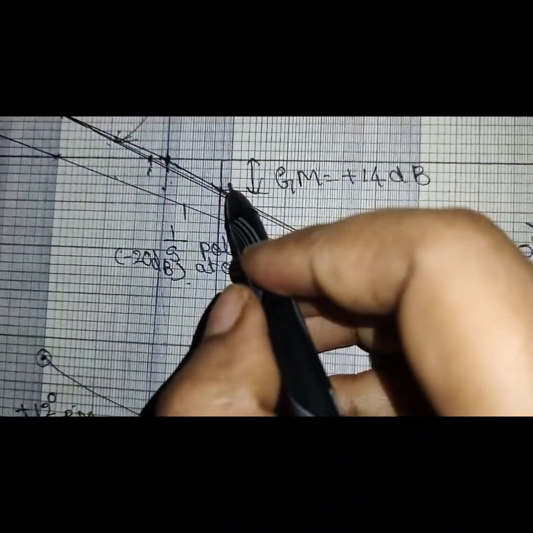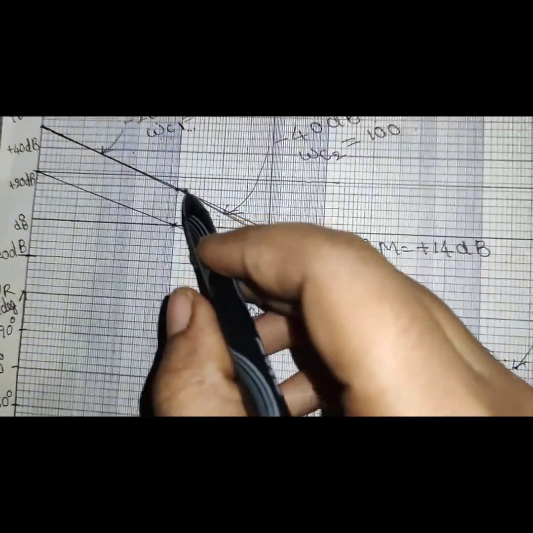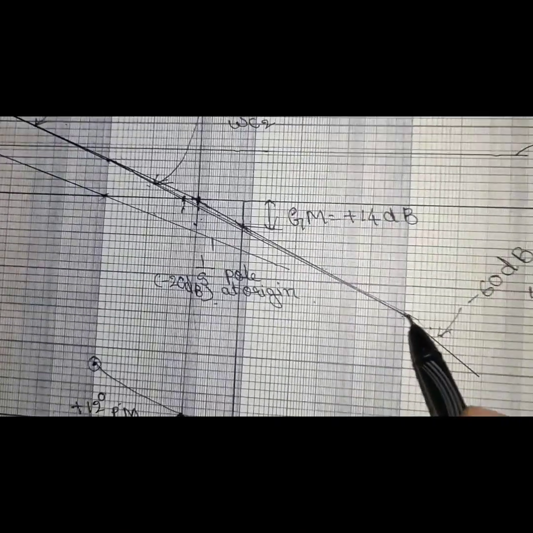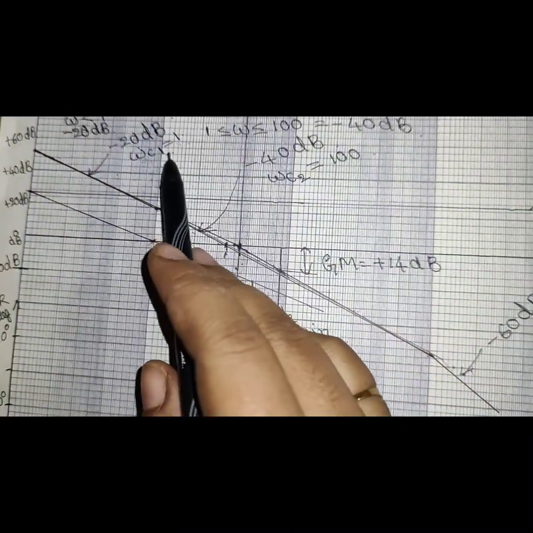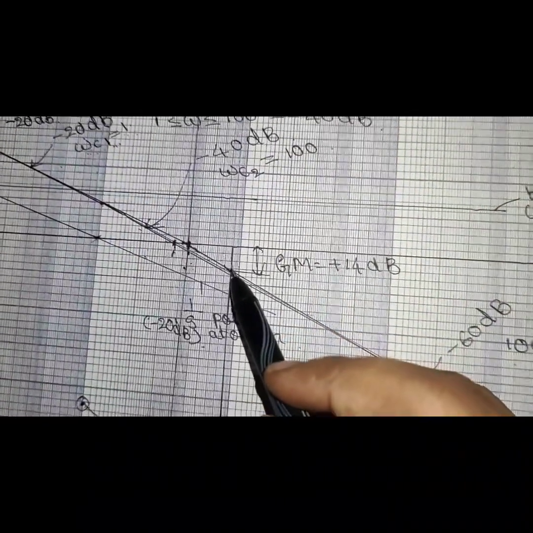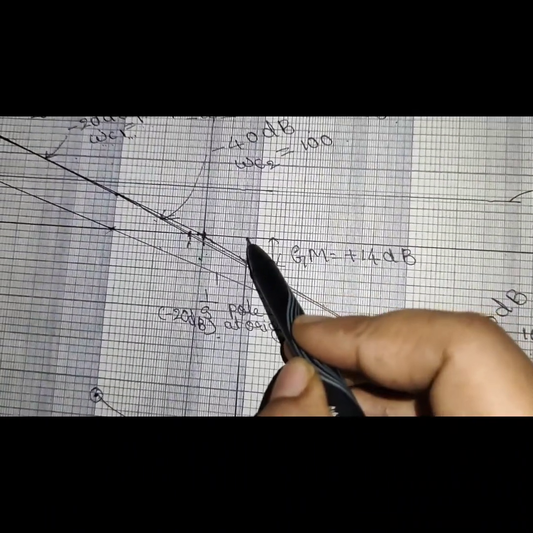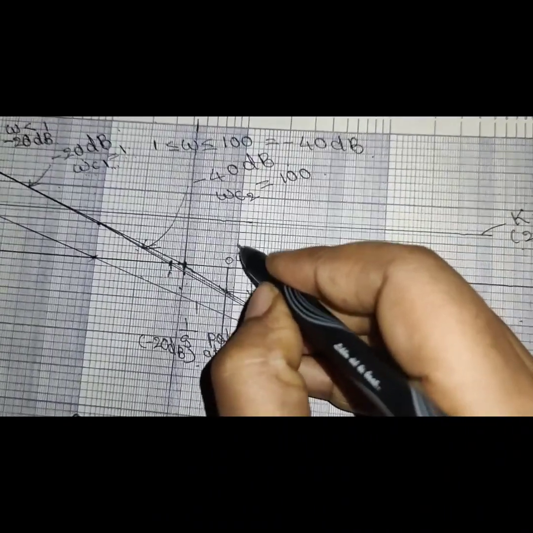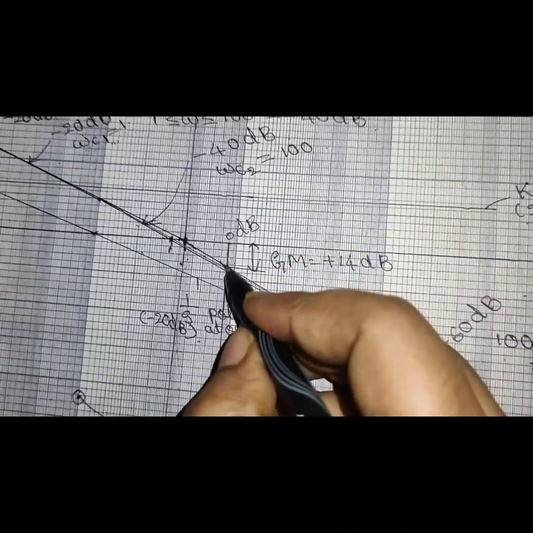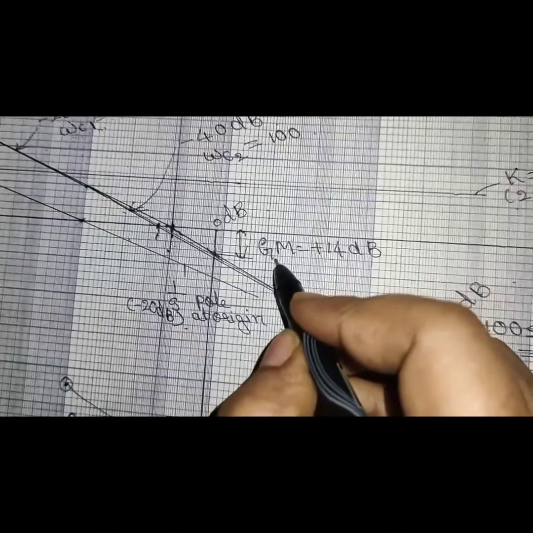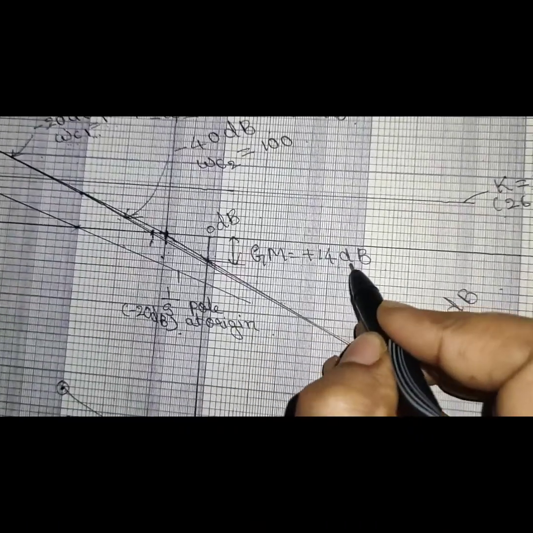We have marked this line from omega c1 equals 1 to 100. From here to the 0 dB line, how much is the gain margin? Plus 14 decibels.